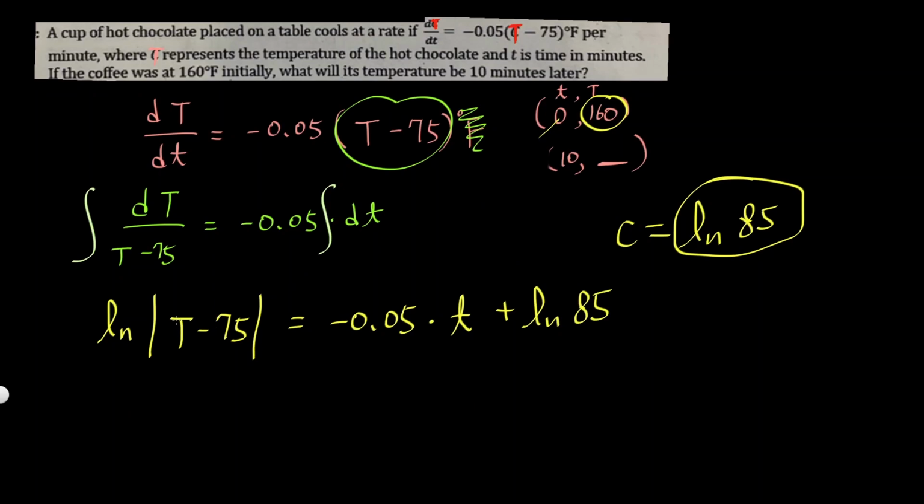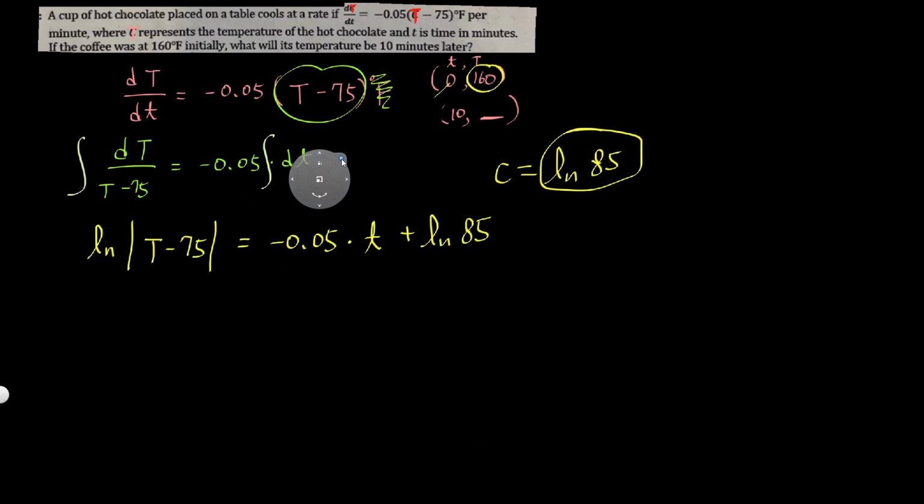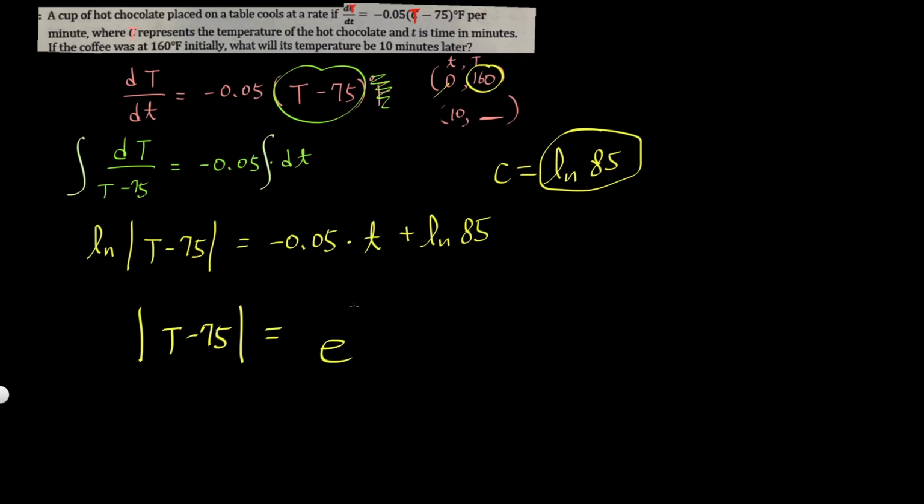Now we need to solve for capital T here. So we're going to e both sides. When we e it, we get absolute value of T minus 75 is going to be e to the negative 0.05 t plus natural log of 85, where this is the whole exponent.